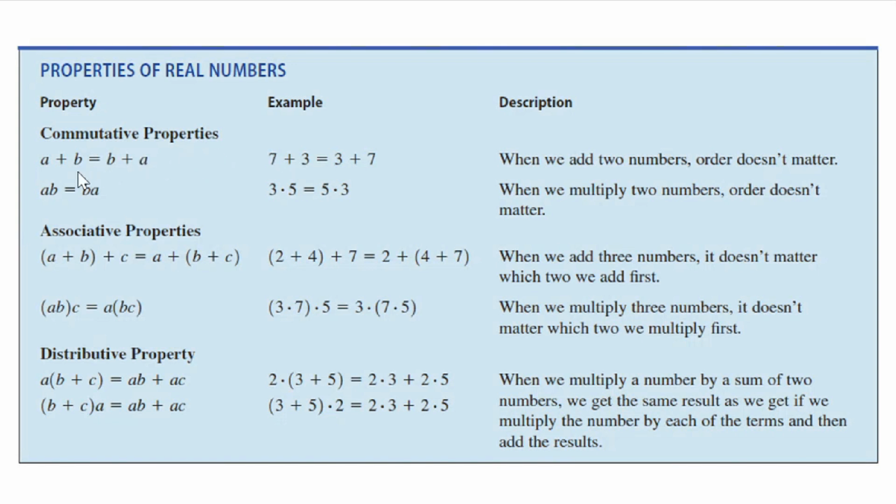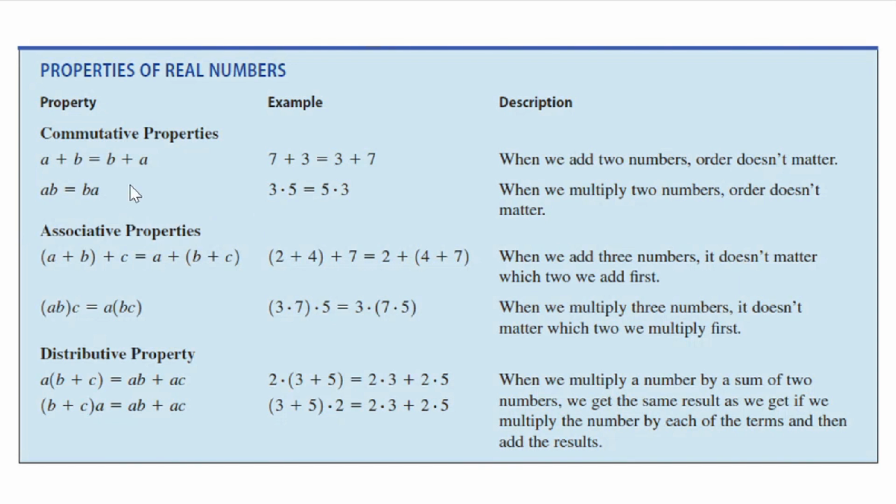Meaning to say, if we add on the left-hand side and the right-hand side, the answer would be just equal, because when we add two numbers, the order does not matter. It will not affect the sum. And for the second, AB is equal to BA is an example of the commutative property of multiplication.